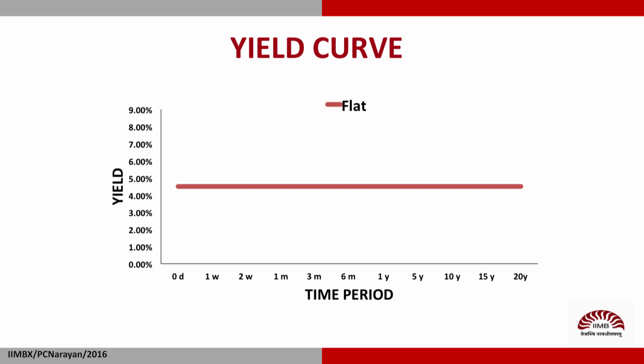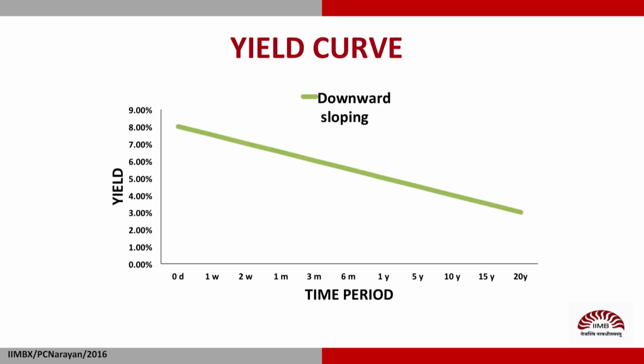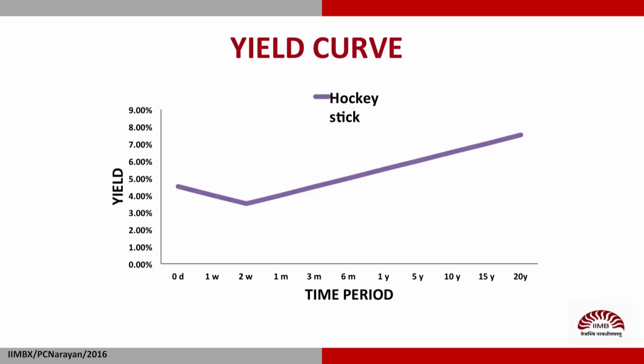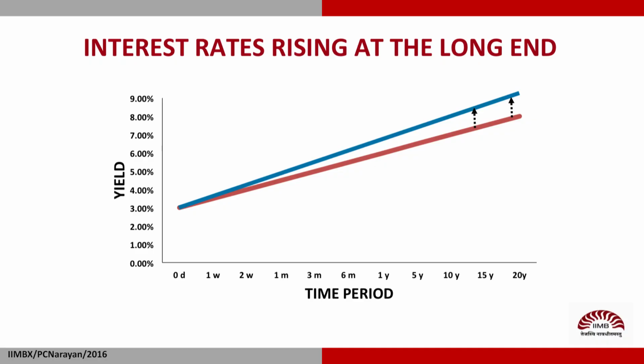Sometimes it could be flat, sometimes it could be downward sloping, and sometimes it could be what we call a hockey stick yield curve. If over a period in time interest rates in a country are going up at the long end and remaining constant at the short end, you will have a yield curve that is pivoting upwards.